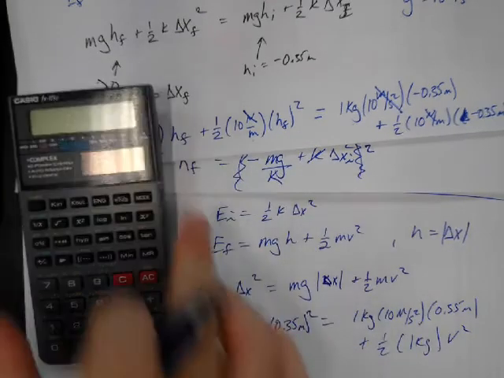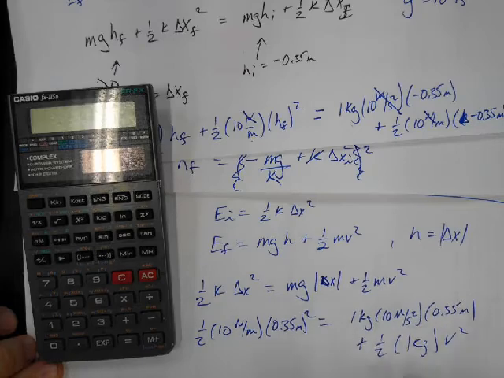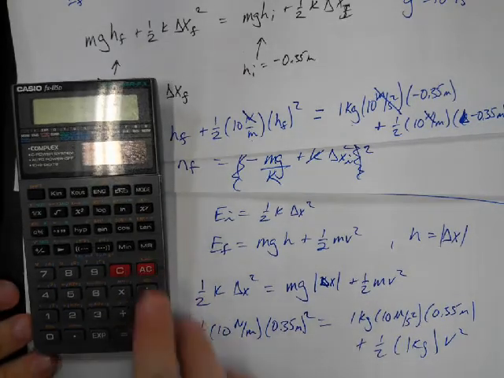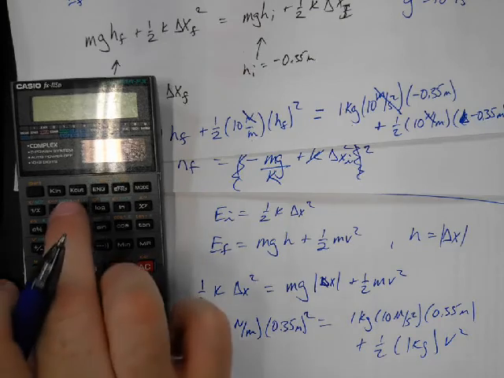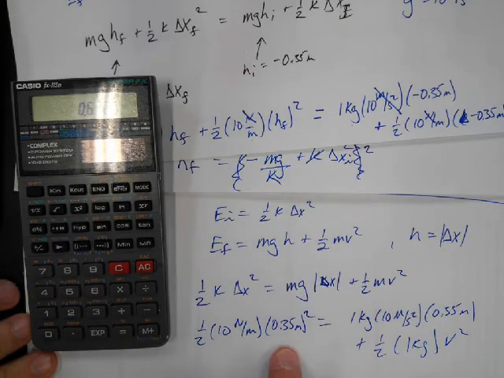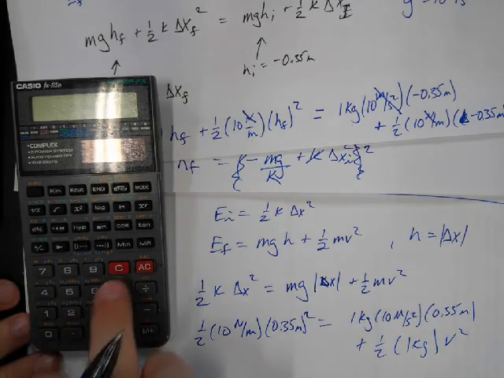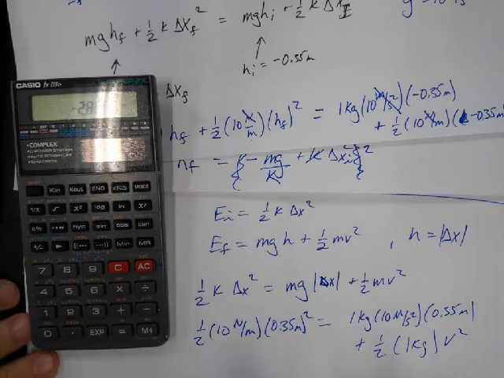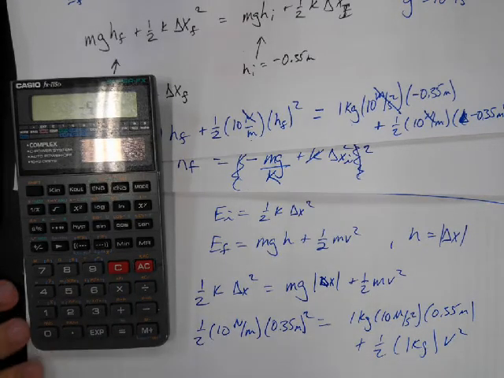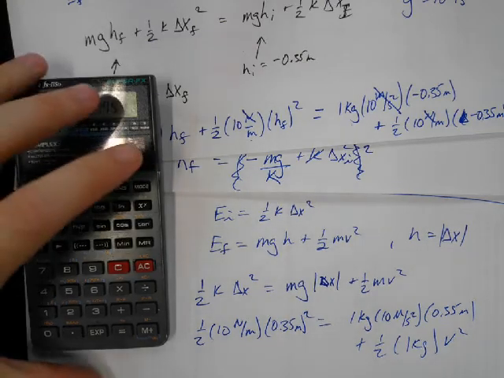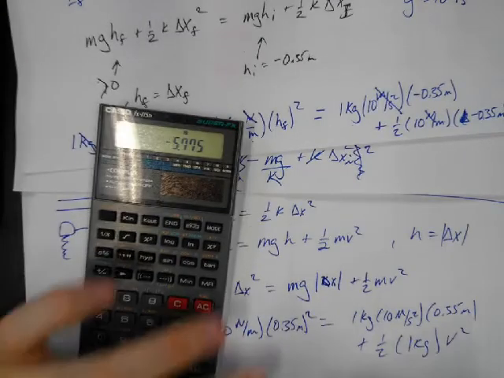And so we can do some math. We can find this term, subtract over that term, do some algebra here. 5 times 0.35 squared is that, minus 10 times 0.35 times 2, and we get a negative number.